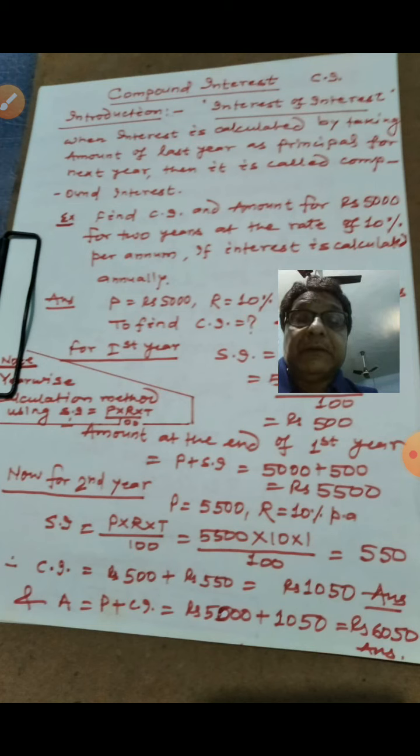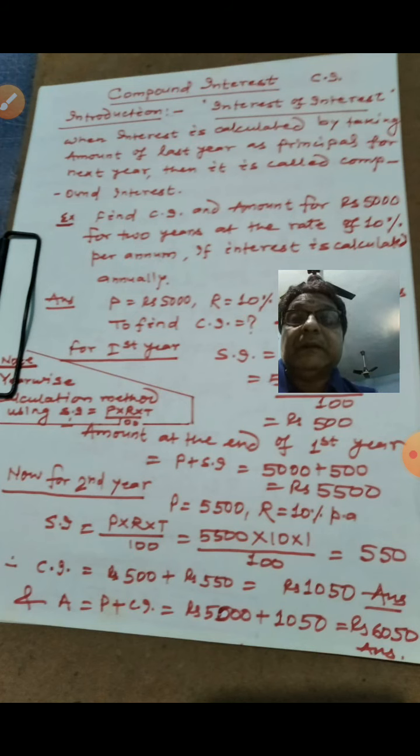Actually, what happens, the money lender or any institution which lends money to the borrower, they just have a tendency to take more and more interest. So in place of simple interest, they used to take compound interest, which is, in other words, the interest of interest.